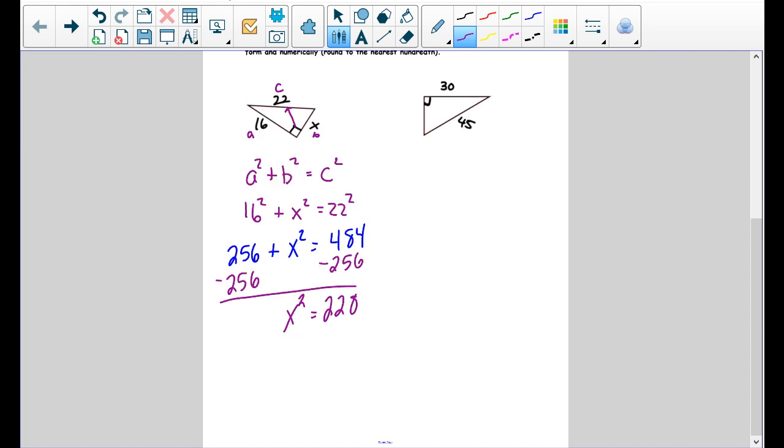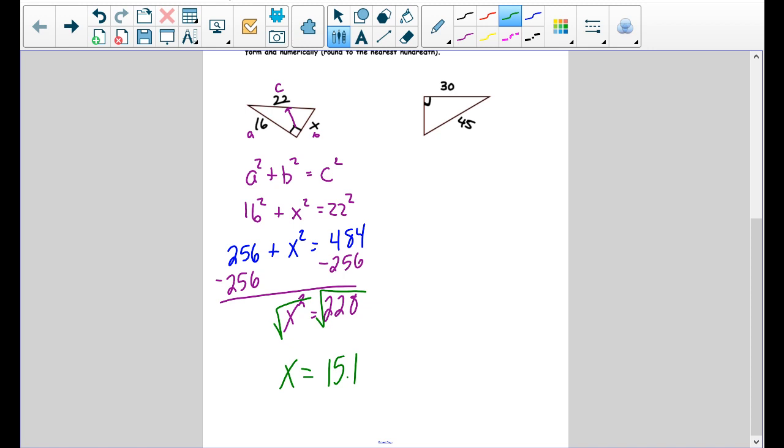What's the opposite of squaring? How do I undo a square? Square roots. Okay? So square and square root cancel each other out. So we're going to square root both sides. This square and square root cancel, which leaves me with just an x. And if I square root 228, I get 15.09966688.